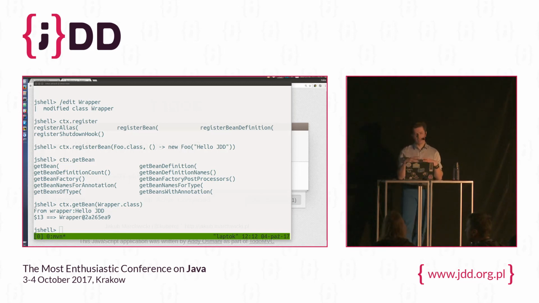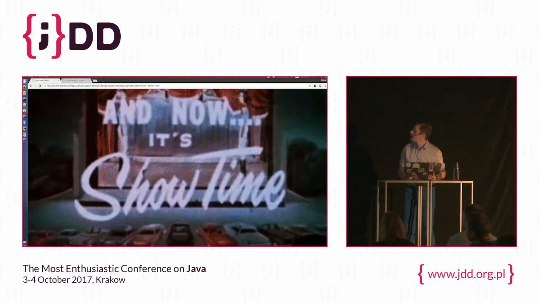So I've built a very simple Spring dependency injection without any annotation, without even running an IDE, totally embedded in the JShell. So this is pretty much my use case for JShell.